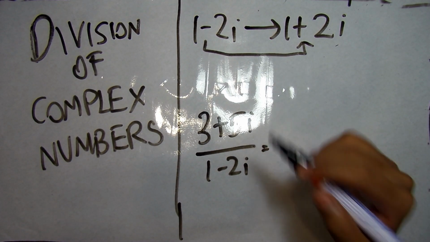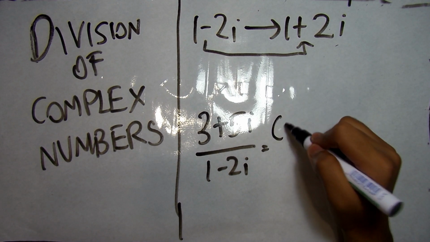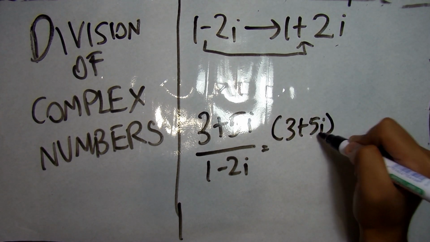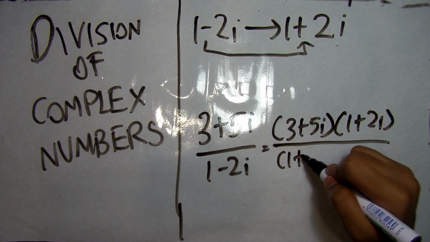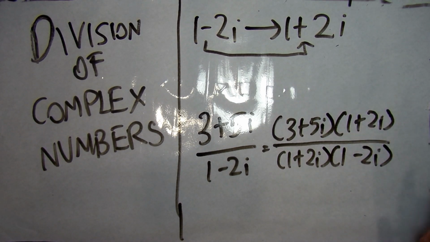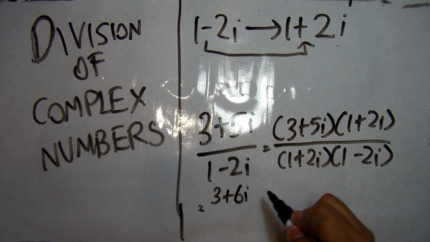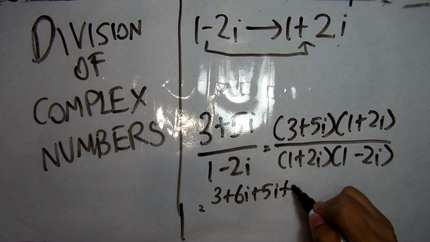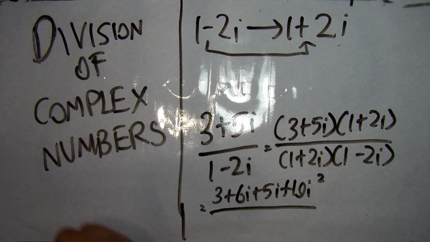Therefore, when we multiply 1 plus 2i to the numerator and the denominator, we get (3 plus 5i) multiplied by (1 plus 2i) over (1 plus 2i) times (1 minus 2i). At the top, we do regular expansion to get 3 plus 6i plus 5i plus 10i². For the denominator, we apply this.